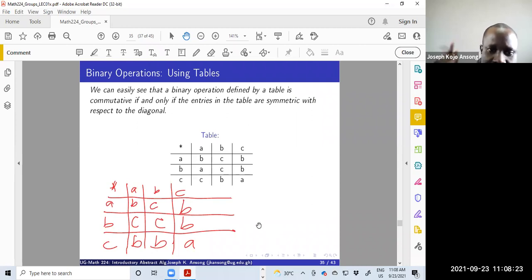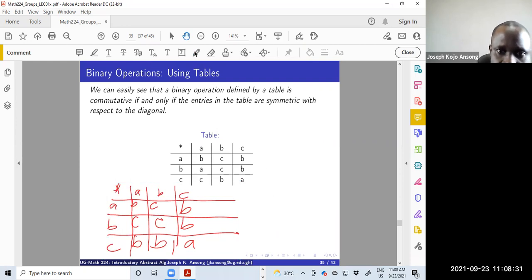Now notice a few things here. Because this is commutative, if we take this diagonal, notice that across it, the elements are symmetric. Across this diagonal, I have B here and across it I have a B too.